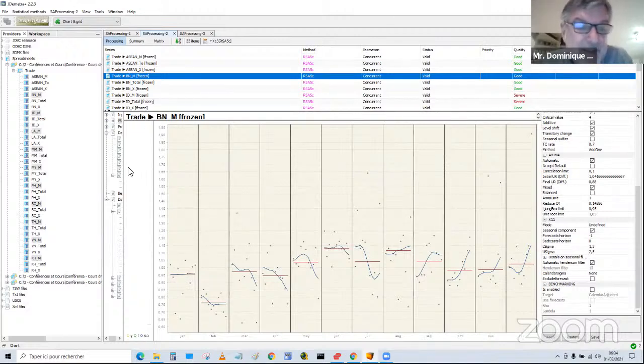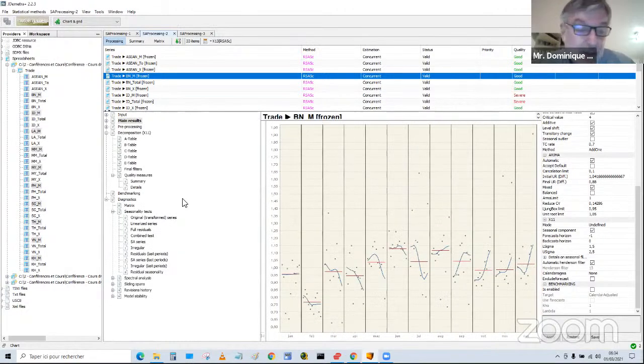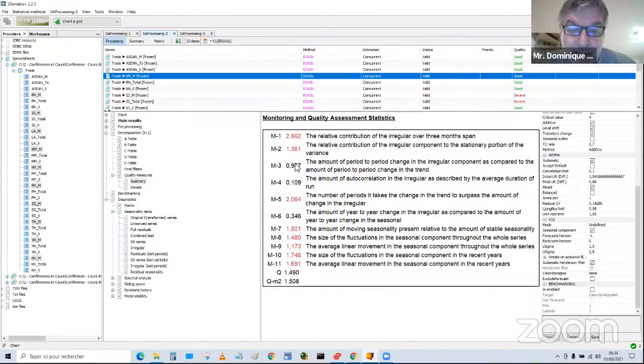Does it change the M statistics? I'm not sure. Certainly not a lot, but a bit, you see. Before, they were all red. So these are slightly better, okay? But it doesn't change a lot. So you see how you can do it.